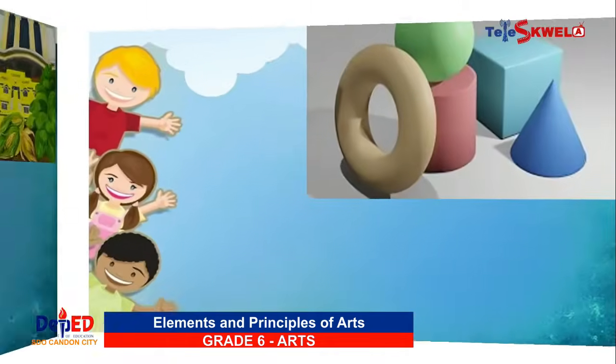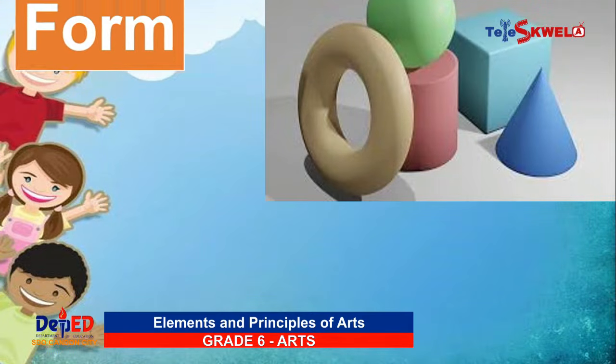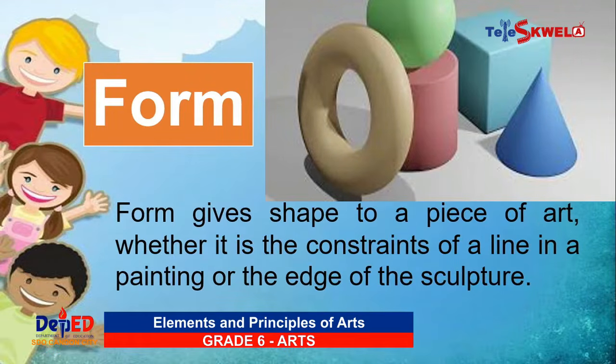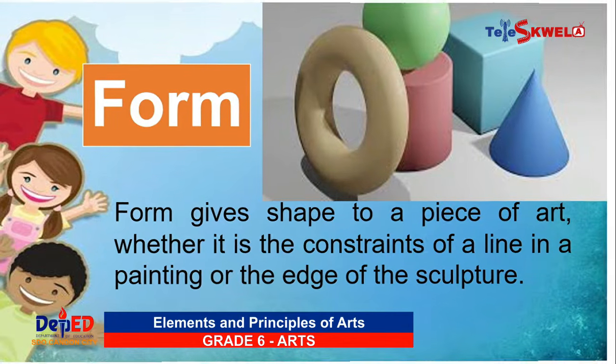Next, number 4 element is form. Form gives shape to the piece of art, whether it is the constraints of a line in a painting or the edge of the sculpture. The shape can be 2-dimensional, 3-dimensional, restricted to height and weight, or it can be free-flowing.